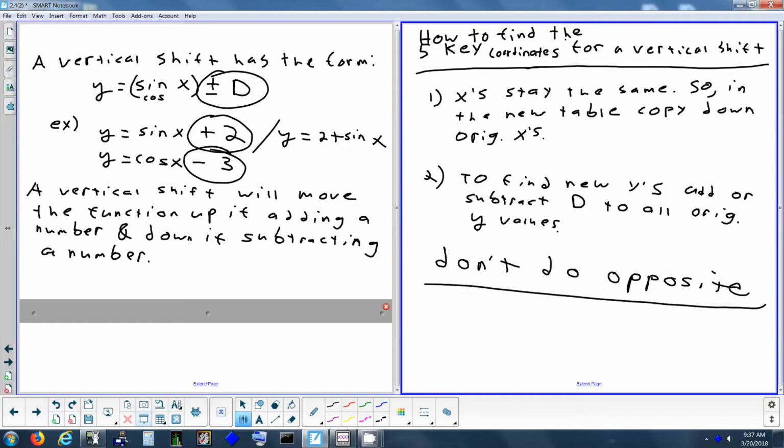90% of the mistakes on this problem on the test will be one of two things. People will accidentally treat this as a phase shift, or if they remember to treat it as a vertical shift, for some reason, they'll do the opposite. And instead of shifting it the way they should, they go the opposite way. Okay? I'm telling you, it's not a phase shift, and don't do the opposite. If it's plus, shift it up. If it's minus, shift it down.